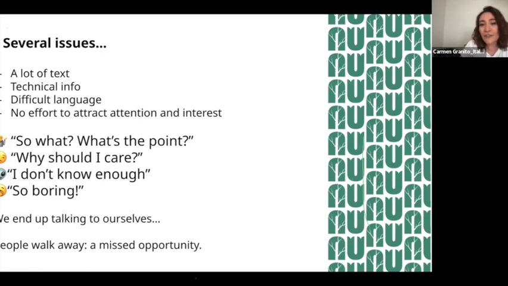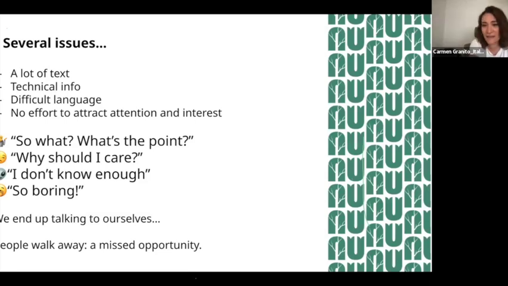So if we don't adjust the way we write our panels, we just end up talking to ourselves, because this kind of panel is written for a specific type of person in mind, someone who is a specialist, someone whose interest we can take for granted, and also someone whose knowledge we can take for granted.